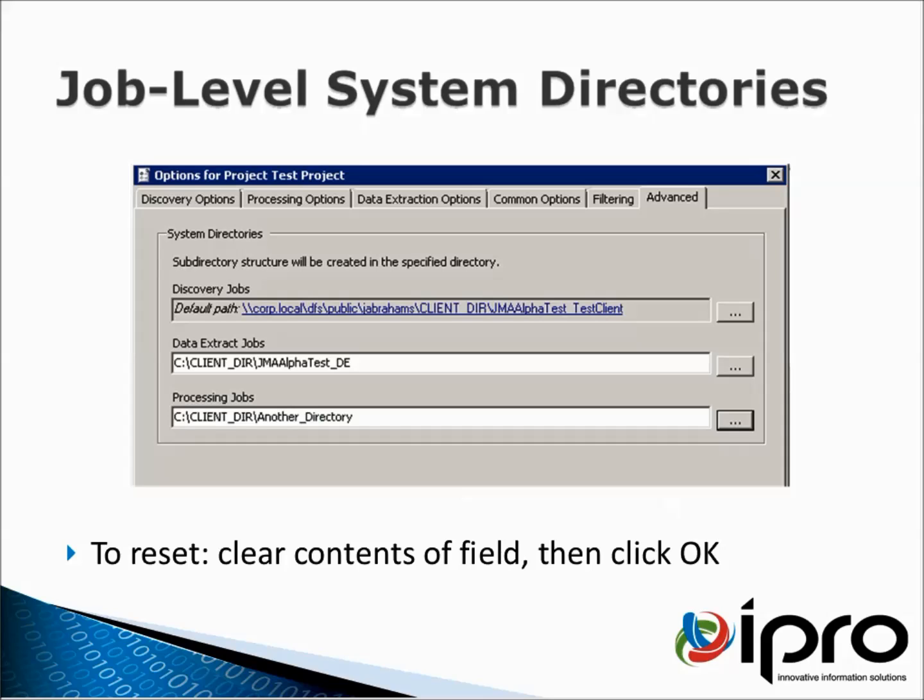I shared the Common Options tab a moment ago for things like time zone and OCR, but now the advanced tab can be defined for the pathing of TIFF data, data extract data, discovery data, if you need to, if you wish. It's a great way to separate if that's important to you. It's great for large deployments and infrastructures.